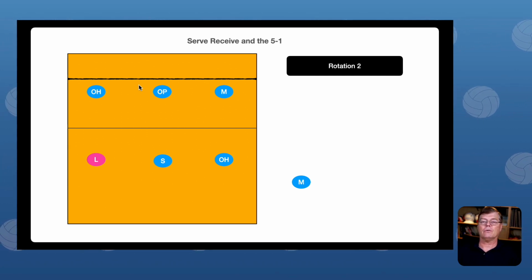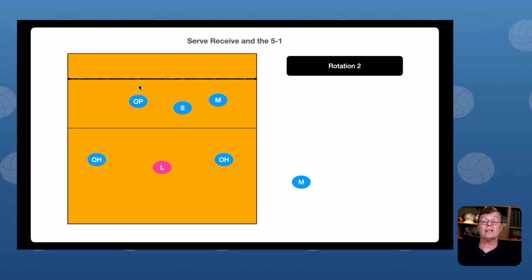So now what do we do? Well, we can move the setter up because we don't want them to receive, and typically the opposite won't be a serve receiver. And then we can simply move the libero over. The setter needs to stay to the right of the libero, but in this situation they are. We're going to move that outside hitter back, and we might adjust these other two front row hitters a little bit to let them cover balls that are short.